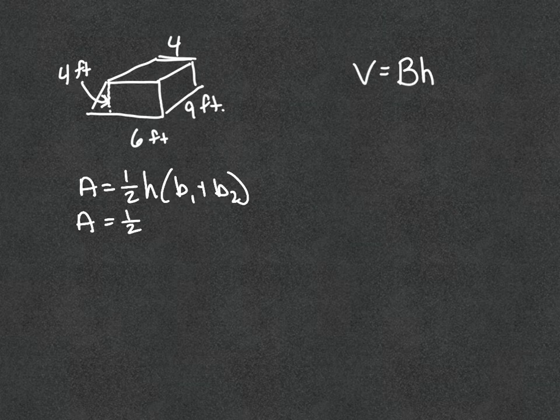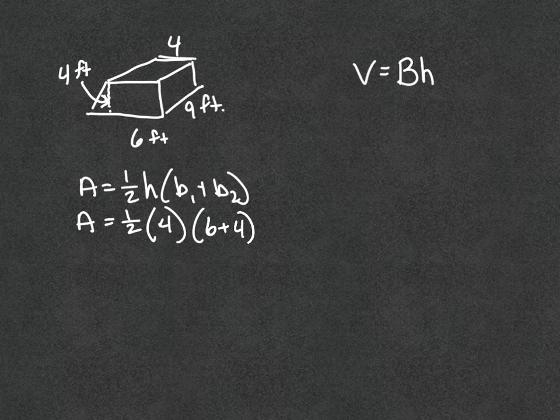Half is the number already. The height is 4 from right here, the height of the trapezoid. Times base 1 is 6, and base 2 is this, matching this, which is 4. So 6 plus 4. Go ahead and calculate the addition first.